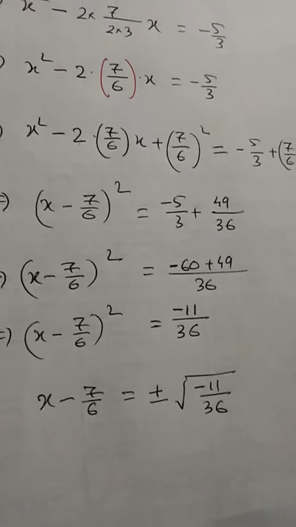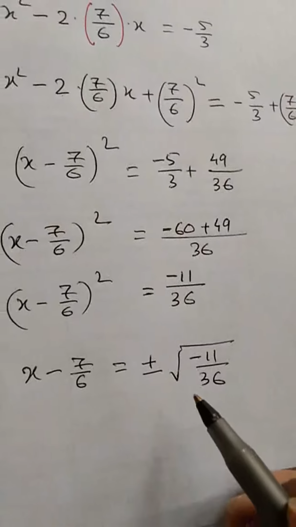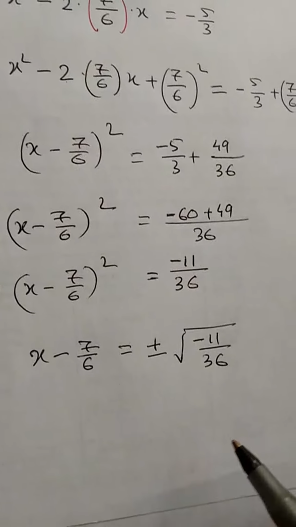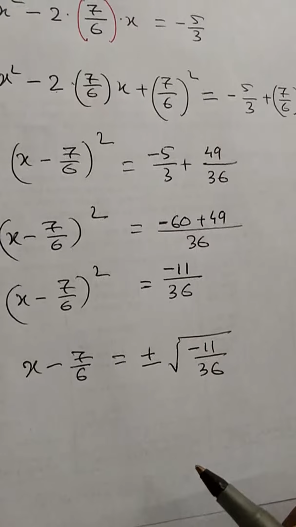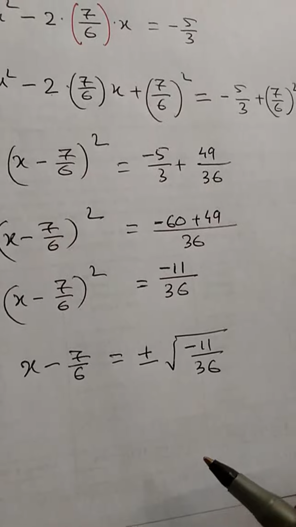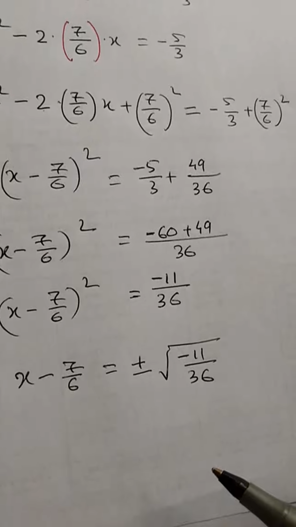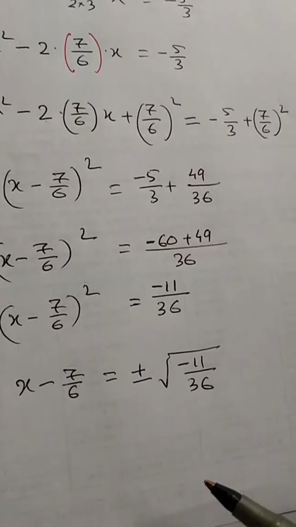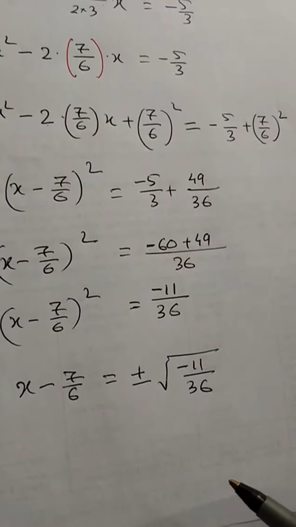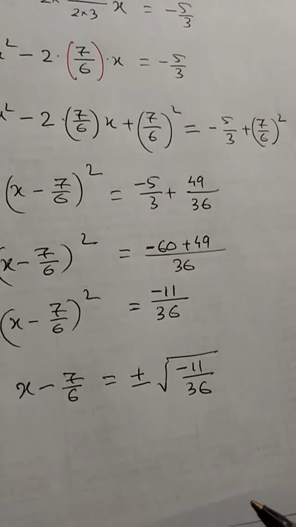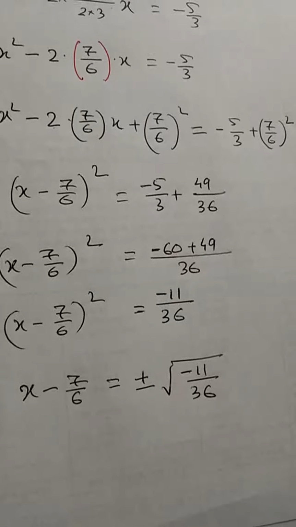Because this is not real, we cannot proceed further. So for this we must have some condition by which we can know whether the equation has real roots or not. So for this we have to remember the following conditions.